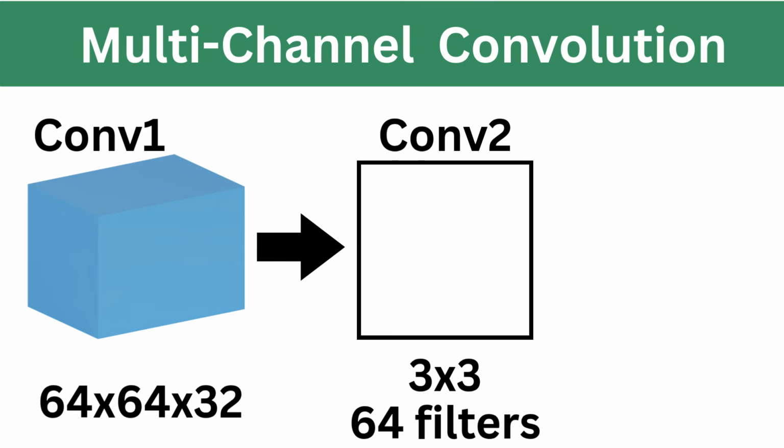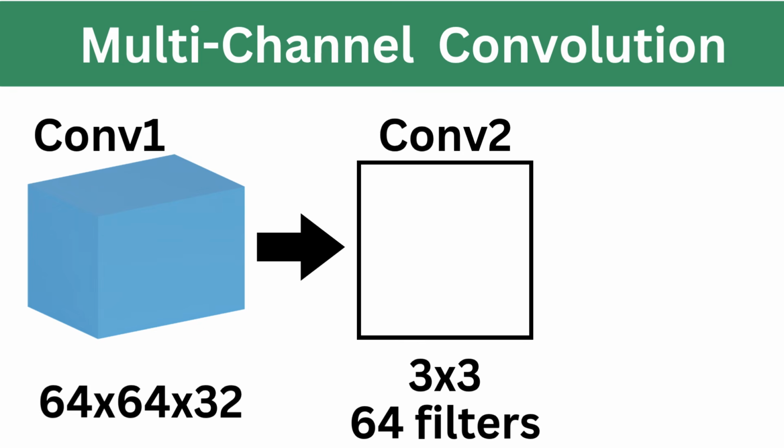The image now has multiple channels, and the channels are decided by the number of filters in this layer. The convolutional layer conv1 had 32 filters. That's why the output of the conv1 layer is 64 by 64 by 32. So 32 is the depth.